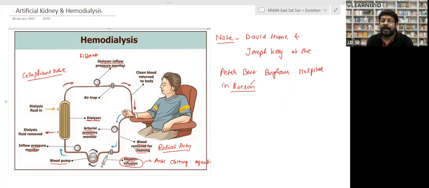And is there any heading which is left in your notebook or textbook? Please go through your textbook topic and tell me. Is there any topic which is left behind? Tell me any heading which is left behind.